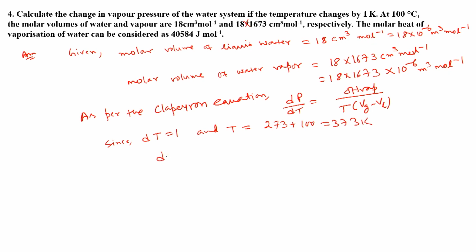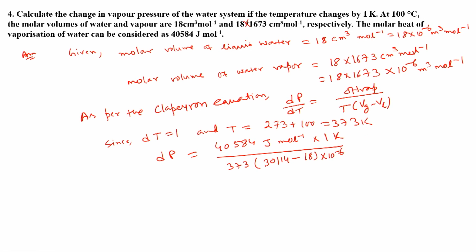So, we write dP is 40584 joule per mole times dT, which was 1. So, 1 Kelvin, right. So, we write this by 373 times (30114 minus 18) times 10 to the minus 6.